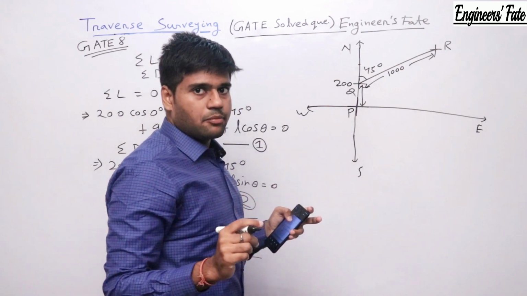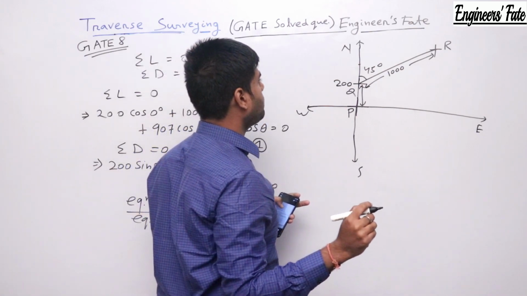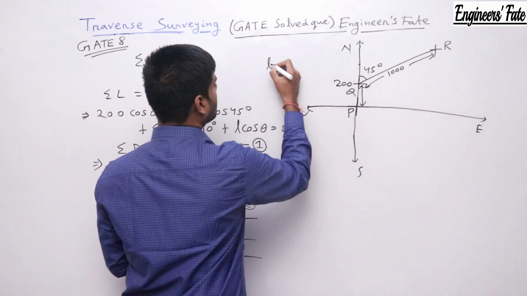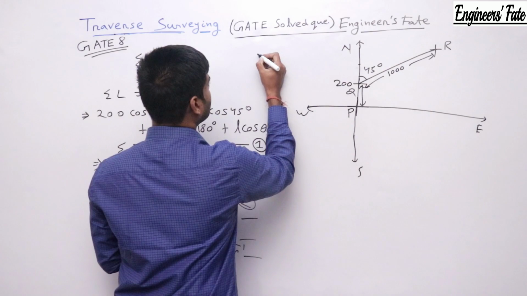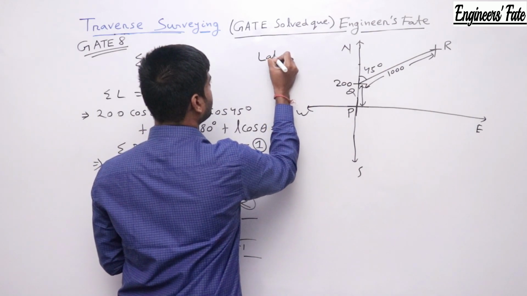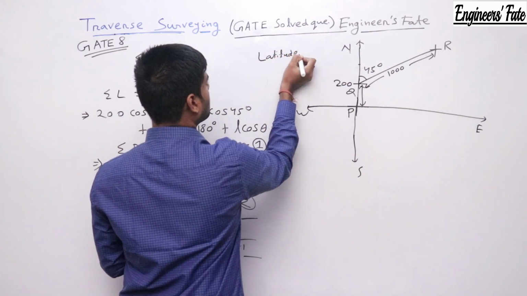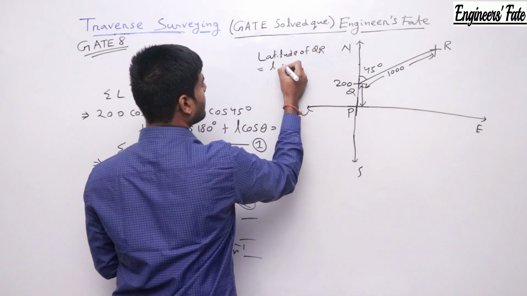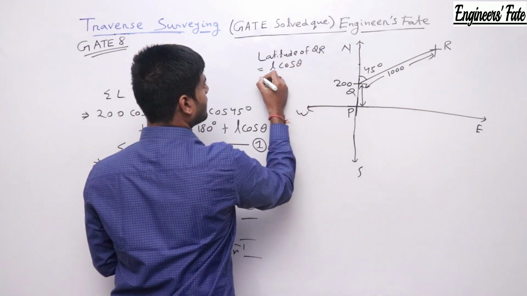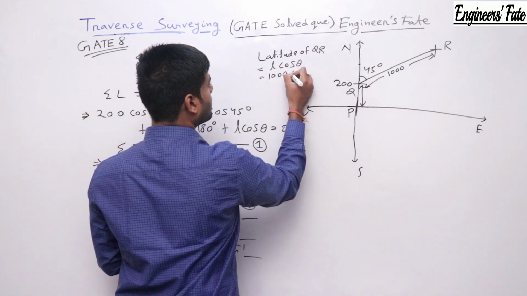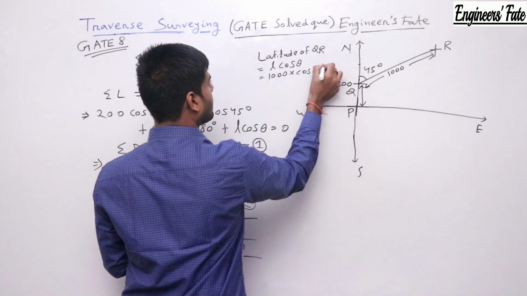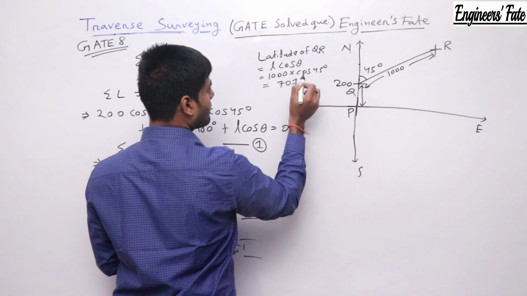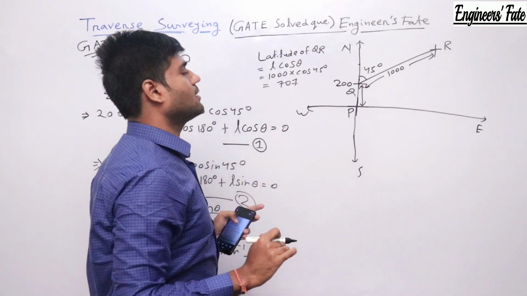Now there is a trick, just find the latitude of QR. Latitude of QR is equal to L cos theta, that is 1000 into cos 45 degree, which you will get as 707.